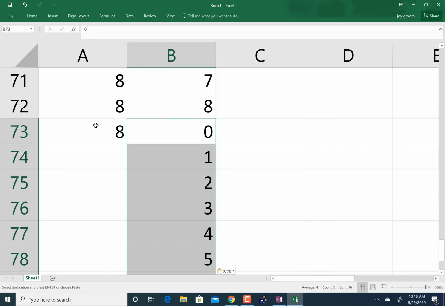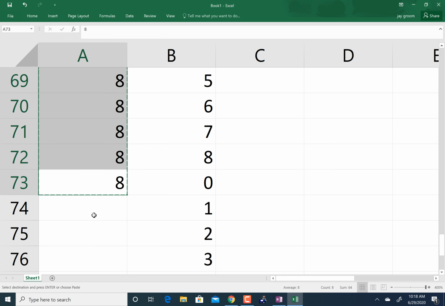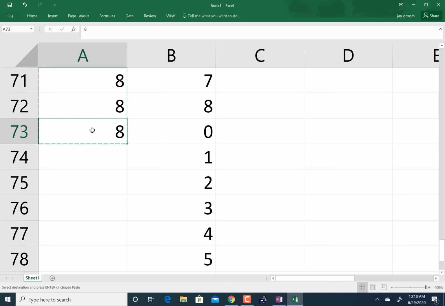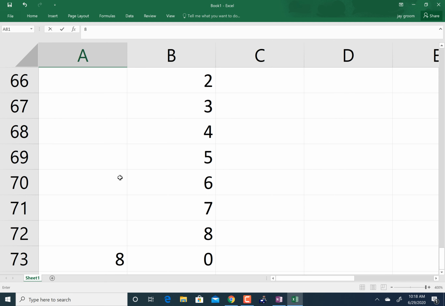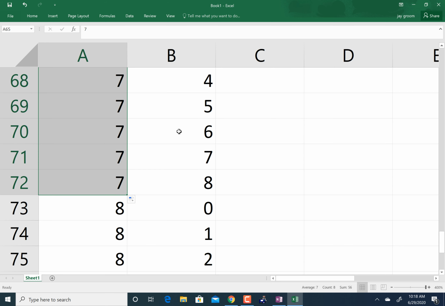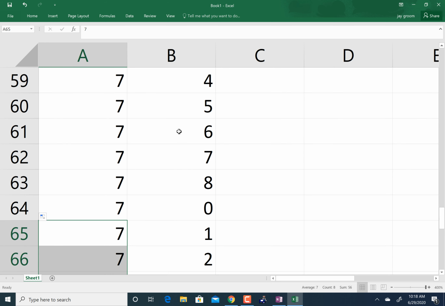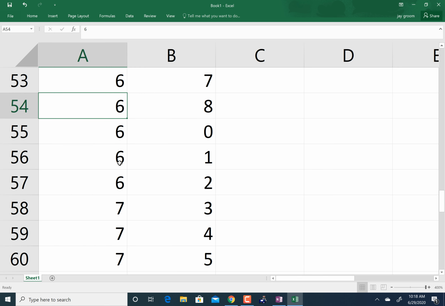All right, so let's go grab these. Control X, Control V. I think I'm missing one. Yep. All right, back up. I don't know, drag it down, I guess. About 100 ways to do this. I'll just grab the 6s, it's easier.